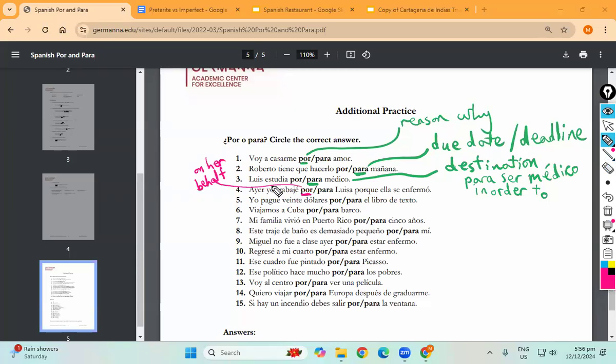por. Yo pagué, I paid $20, $20 por para el libro de texto. When we're dealing with money in exchange for, we have to use por.